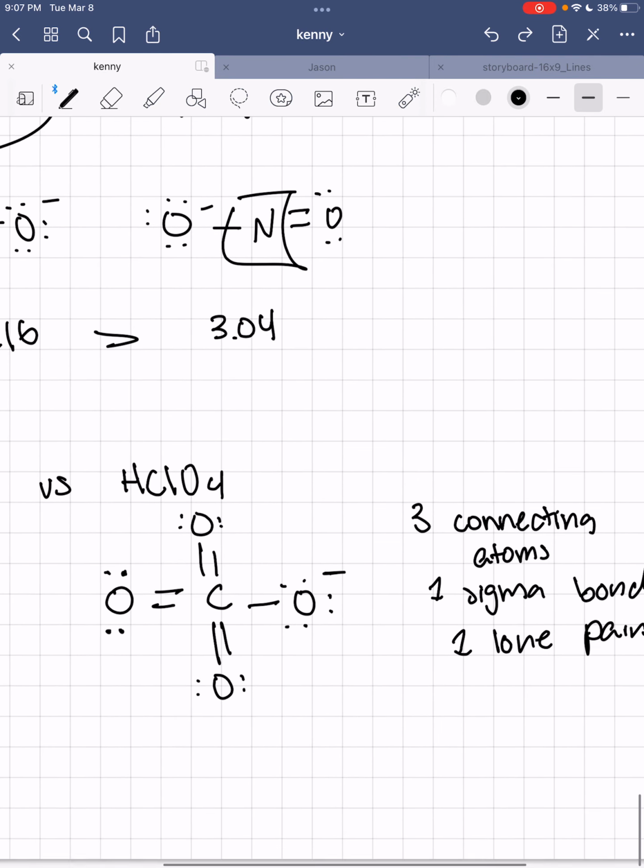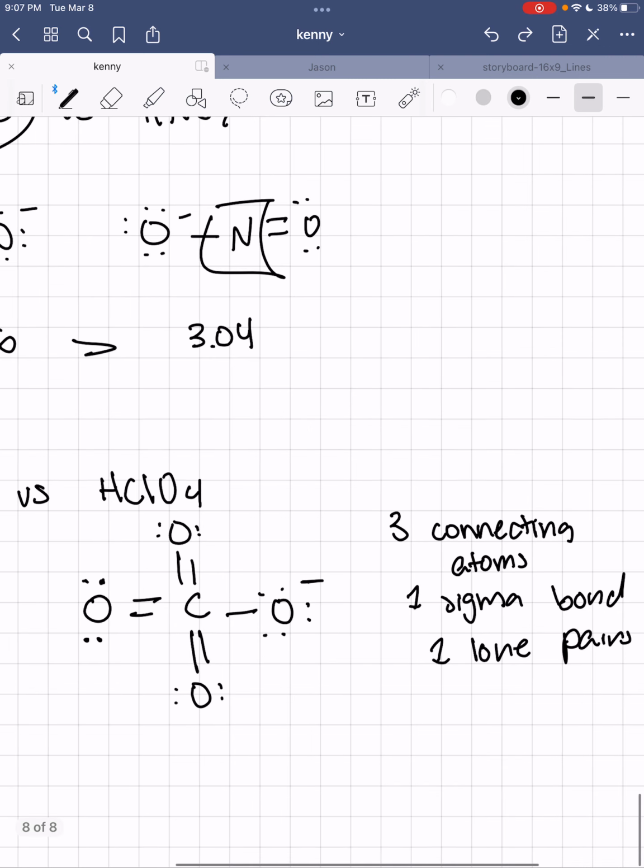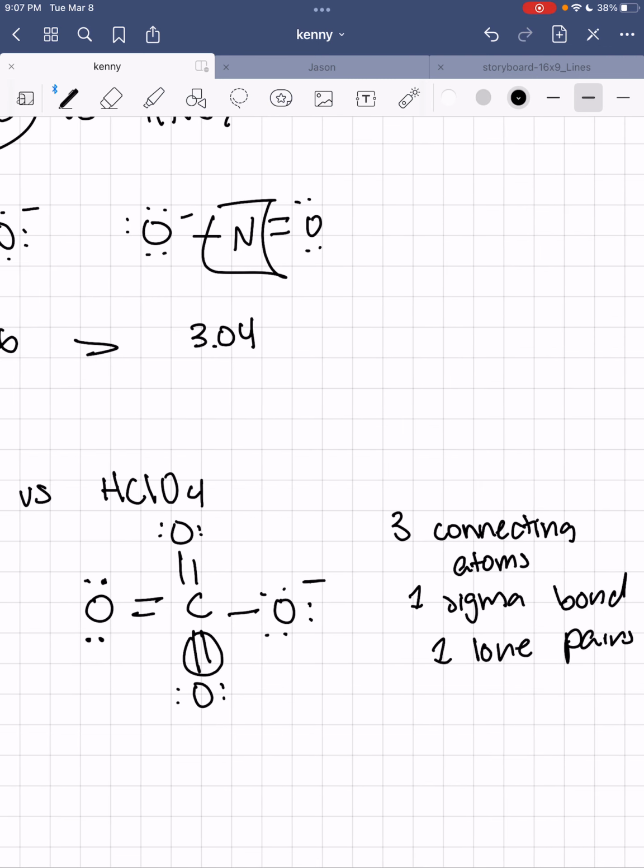And for this one, we can see that it has three connecting bonds. It has a sigma bond here and a lone pair here, so it would go 1, 2, 3, where this bond would turn into a lone pair, and this lone pair would turn into a bond, forming a structure that looks like this.